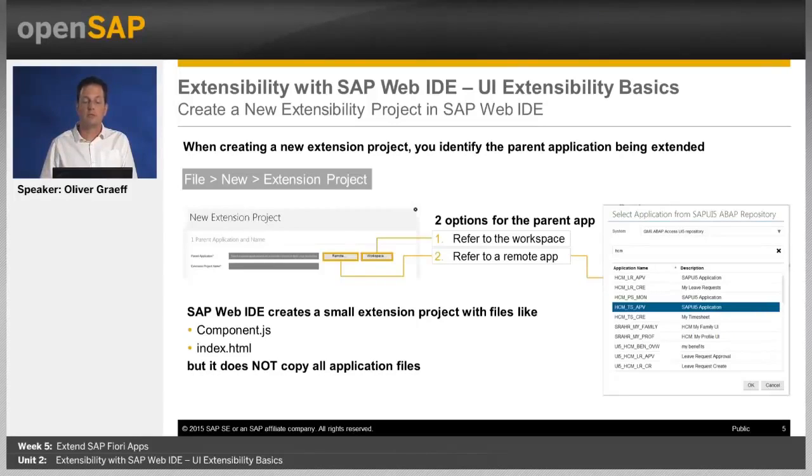And that's the usual scenario, because we want to leave that untouched, not modify that. The second option is to refer to the workspace. That is what we want to do here in this course, because we want to avoid complexity with regard to using backend systems, so that you can concentrate on the actual extension mechanism which we deal with here.